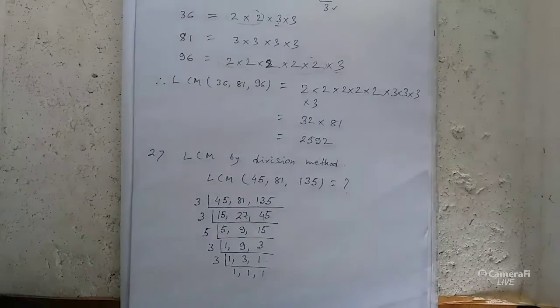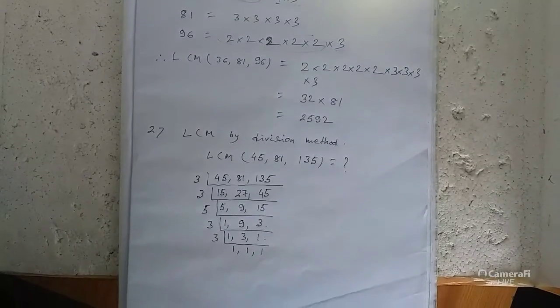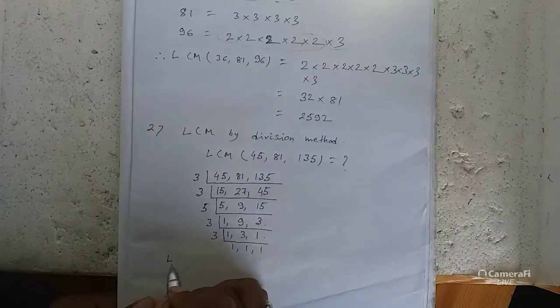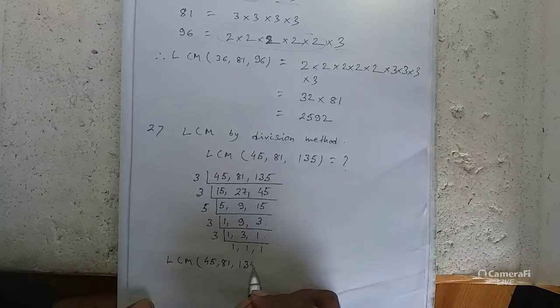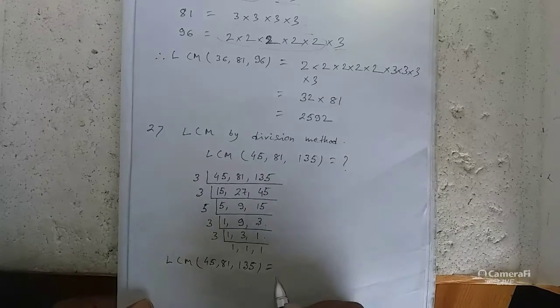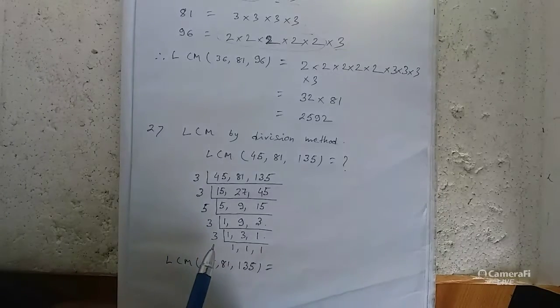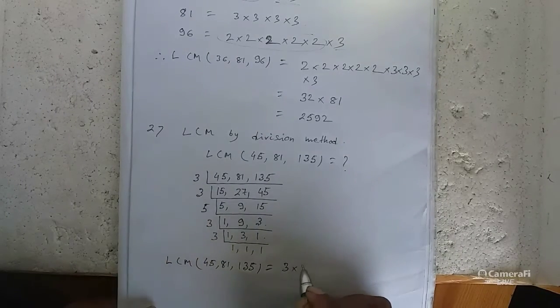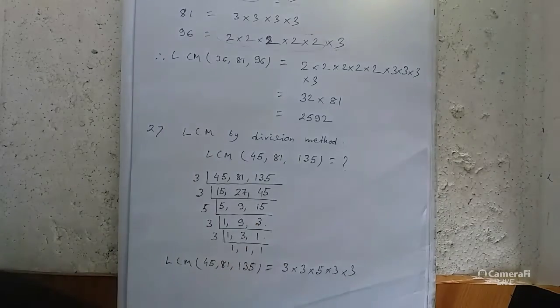Now, we will write the LCM of these 3 numbers. How? Here the LCM of 45, 81 and 135 becomes the product of all these numbers: 3 into 3 into 5 into 3 into 3.